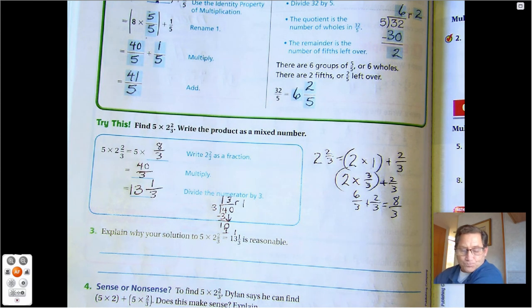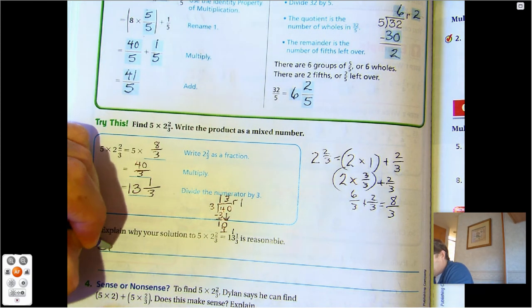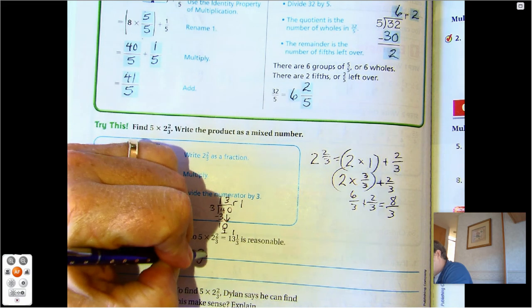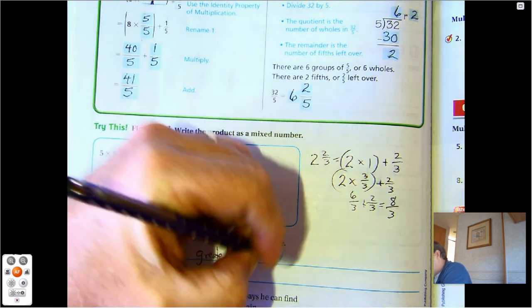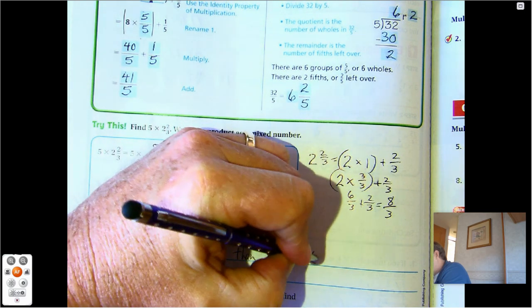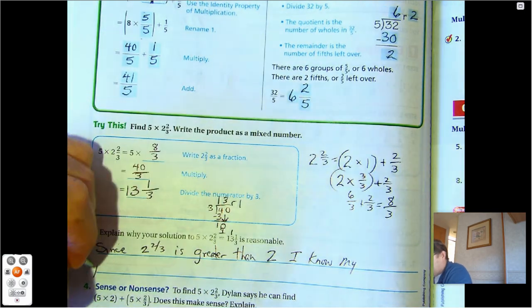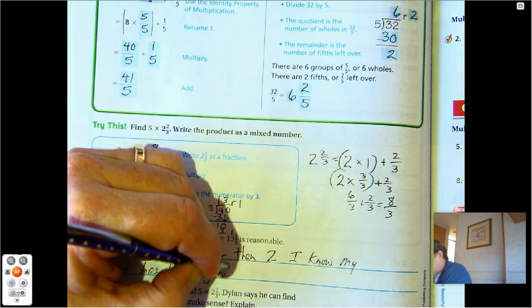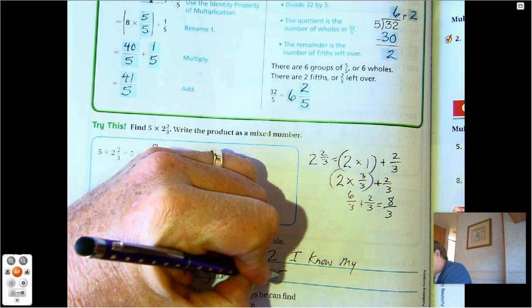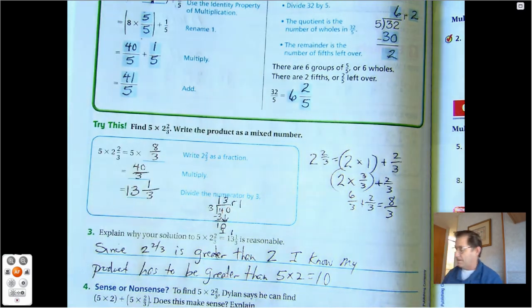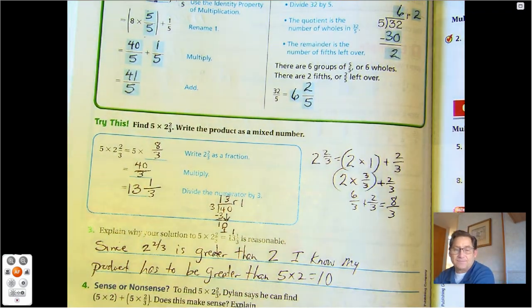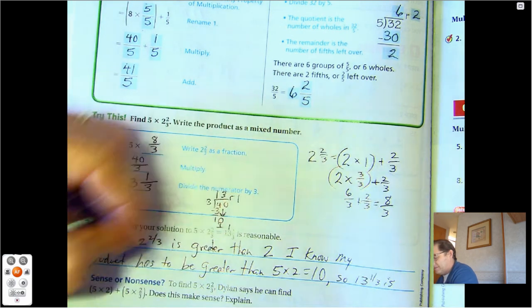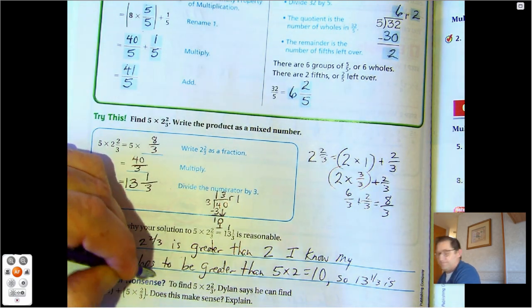Well, I know my answer has to be greater than 10. So 13 and 1/3 is reasonable.